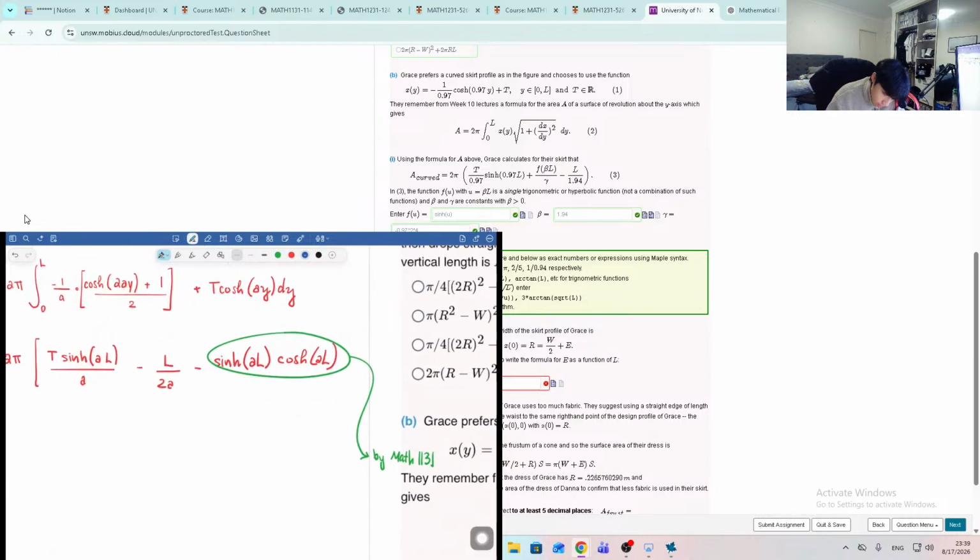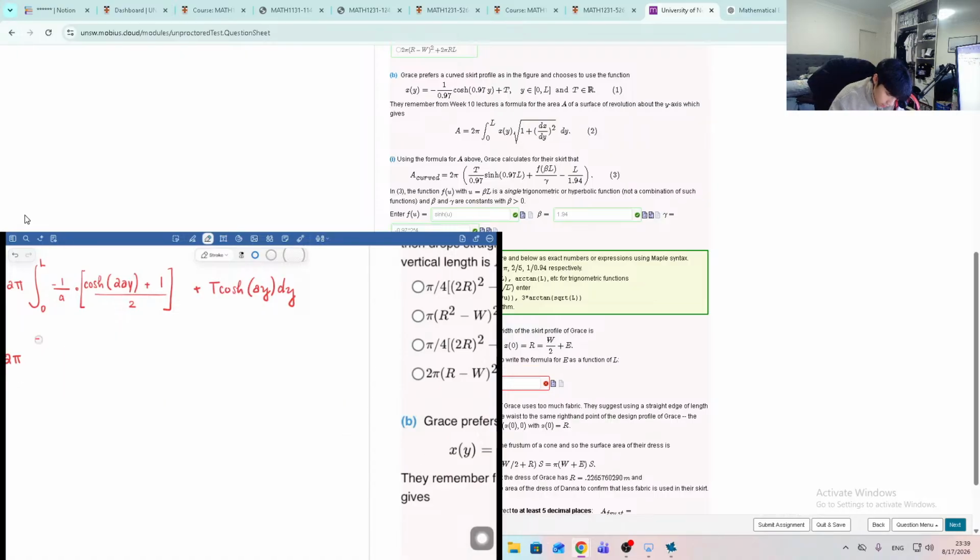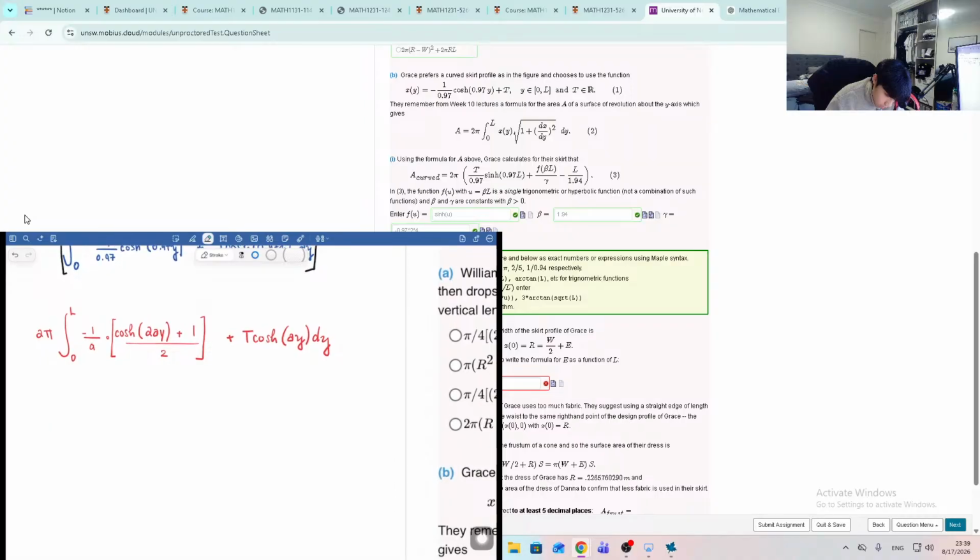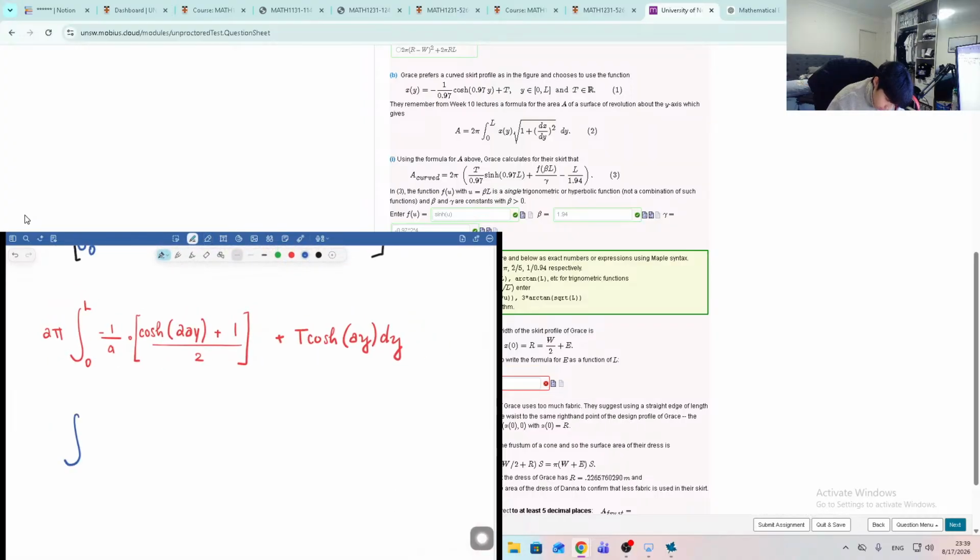I have to solve this. It's okay. Solving this is not too hard, not too bad, right? You know the method enough where I have the method in my head.